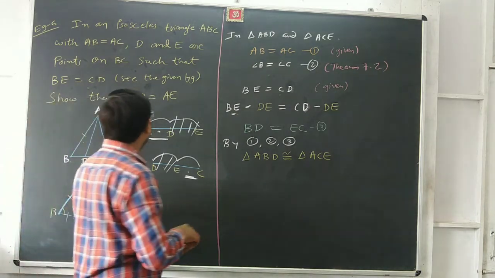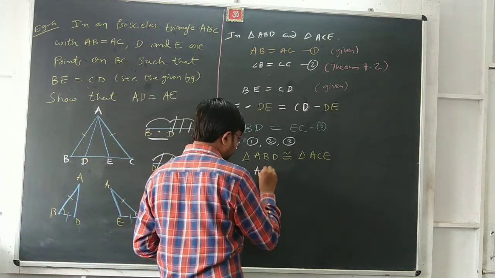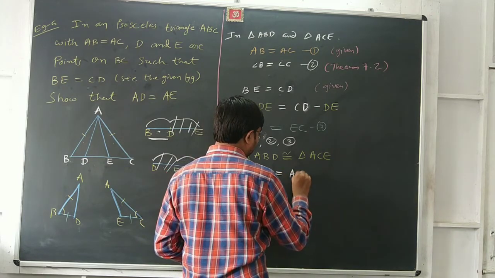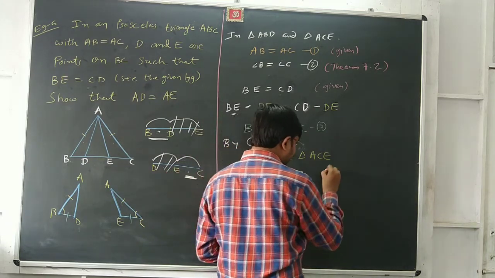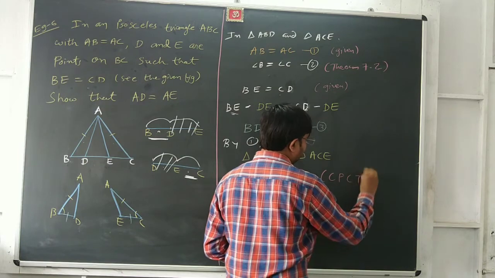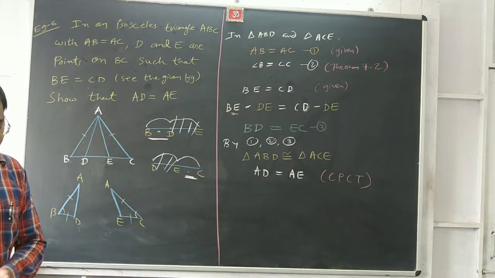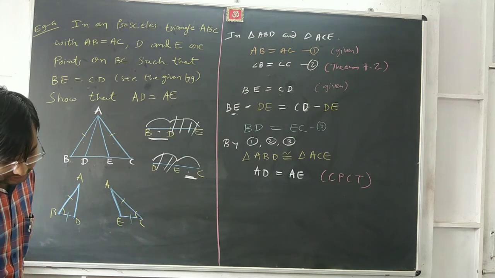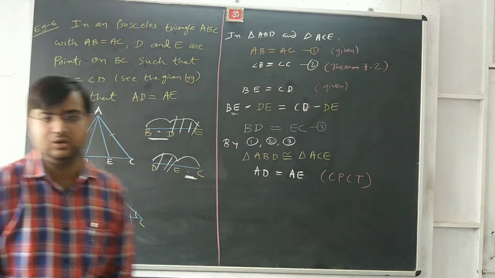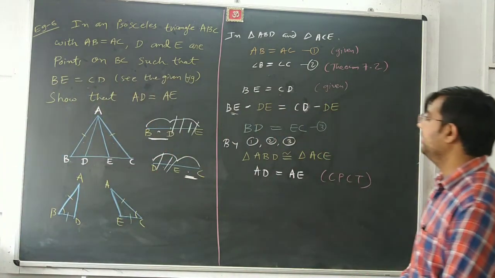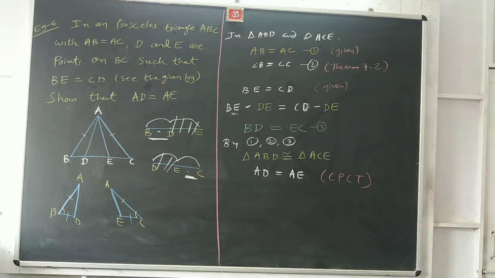So I can also write AD is equal to AE by CPCT. Okay, this is example number 6, complete. Okay, see carefully and write down in your notebooks.